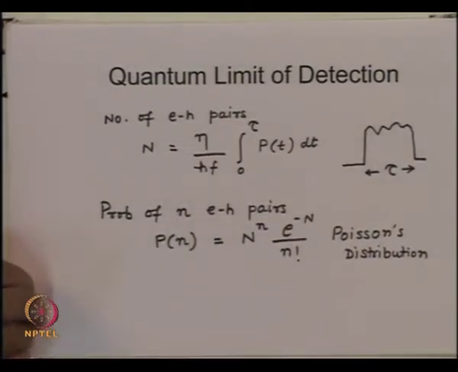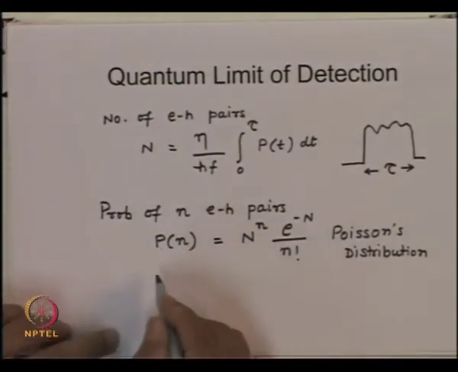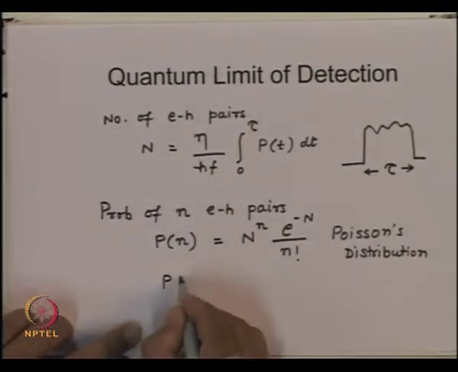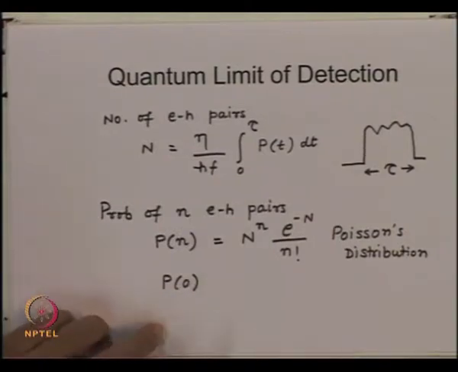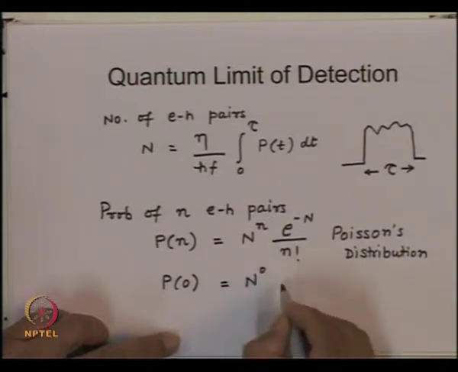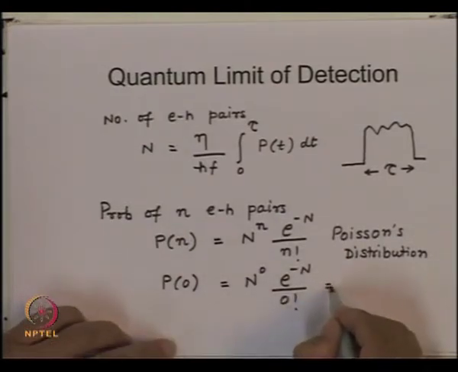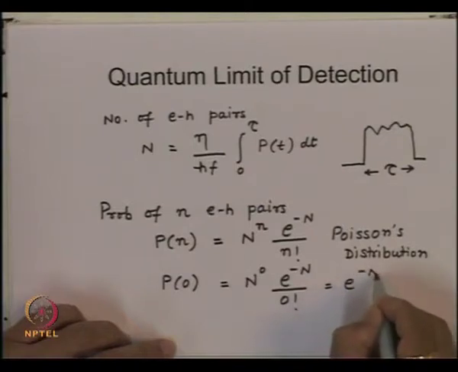So, for the quantum limit, we are asking what is the probability of receiving 0 photons, or no photon, in that bit duration, which is P0. That is equal to n to the power 0, e to the power minus n, divided by factorial 0, which is e to the power minus n.